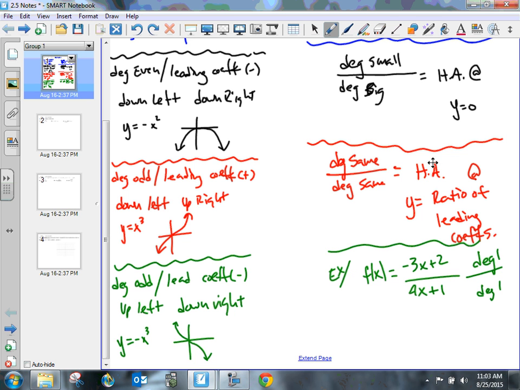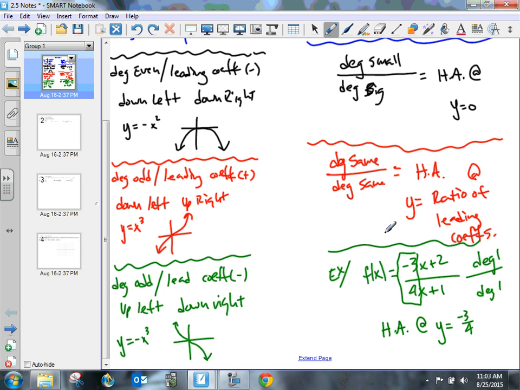So I have a horizontal asymptote at y equals the ratio of leading coefficients. So my horizontal asymptote on this function is at the line y equals negative 3/4. And so I look at my values in front of my x's, my leading coefficients, and I take the ratio of those two numbers. Okay. Hopefully you've got some space to write that. There's not a ton of space, but hopefully we can make it work.